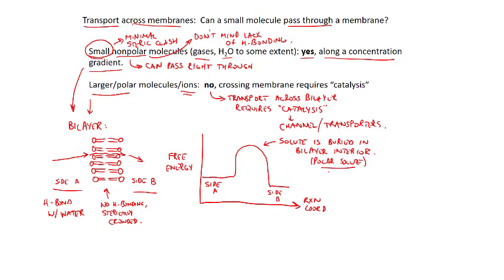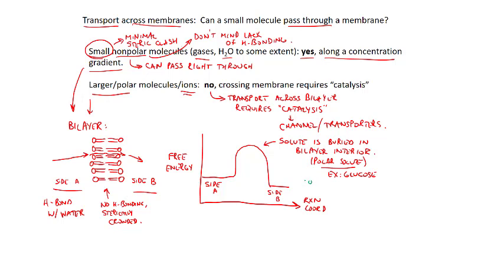So for a polar solute like, say, glucose, this is what the free energy diagram would look like. If you had a nonpolar solute, I'll use a different ink color for a nonpolar solute.